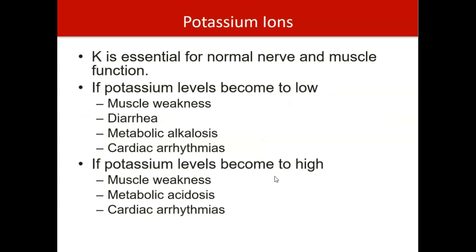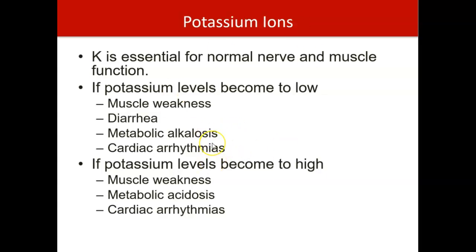So potassium is essential for normal nerve and muscle function. Potassium is an incredibly important ion in our body. If we have potassium imbalances, if we're hypo- or hyperkalemic, patients usually experience a lot of muscle weakness, and cardiac arrhythmias, so some serious ones too.